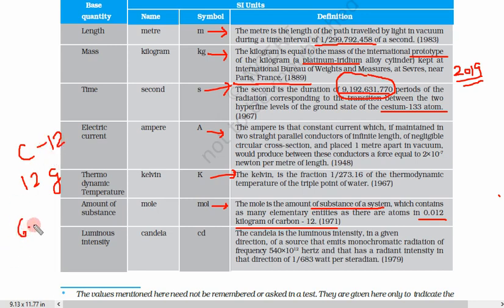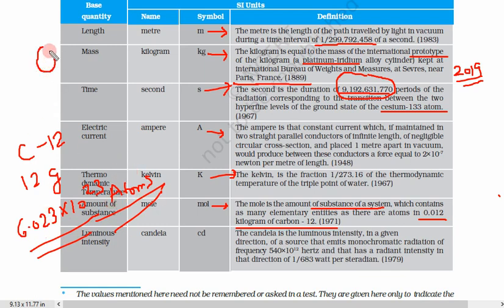So we get a number 6.023 into 10 to power 23 atoms. So if we take anything, let us say atoms, molecules or anything equal to this number, 6.023 into 10 to power 23, that is called 1 mole of that thing.